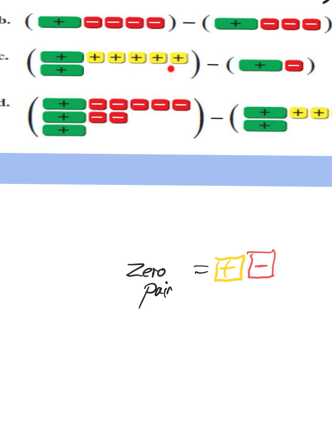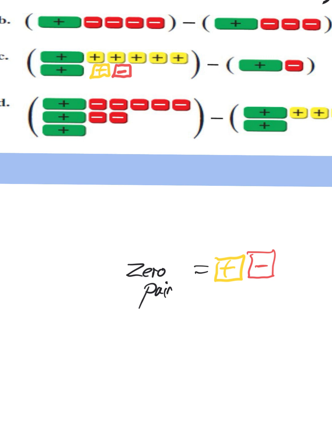We talked about if you don't have a negative 1, you can add a 0 pair, and that will not change what you have at all, because when you add 0 to something, the value stays. So I am going to add a 0 pair. I'm going to put an extra yellow in with an extra red, because this yellow and red makes 0, and that won't affect anything.